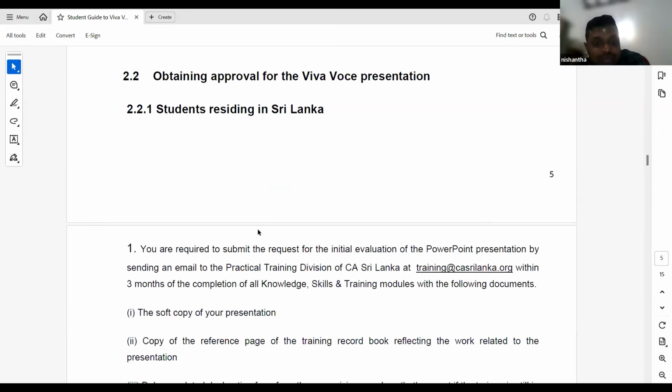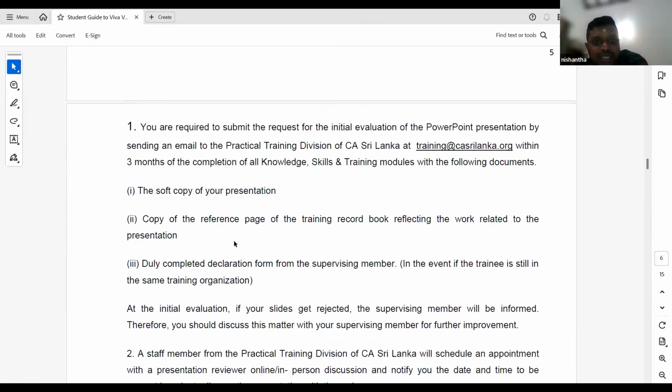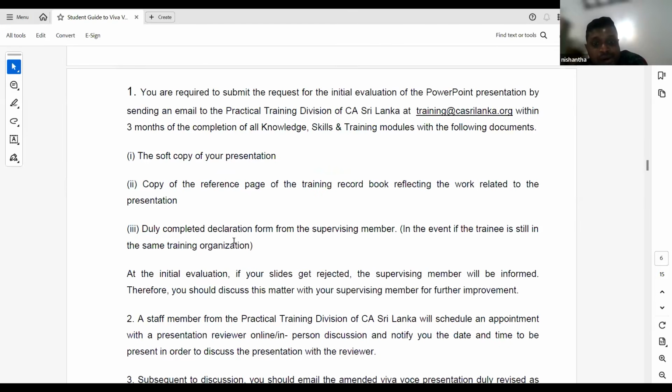Since they have given the opportunity, you have to submit it to, I think, Bashini, and get the presentation reviewed, whether it is sufficient and a material topic, whether it is a significant issue, and you have to mention that.